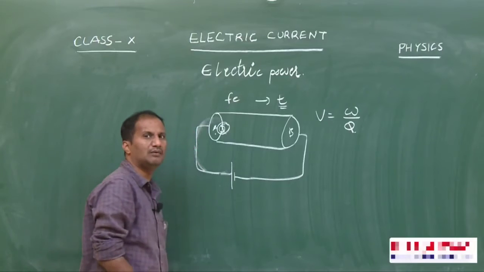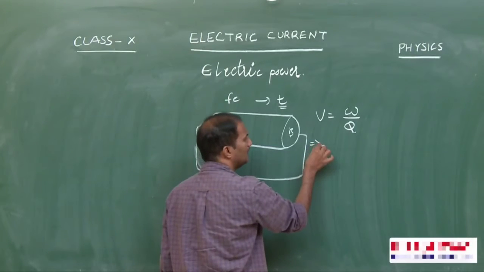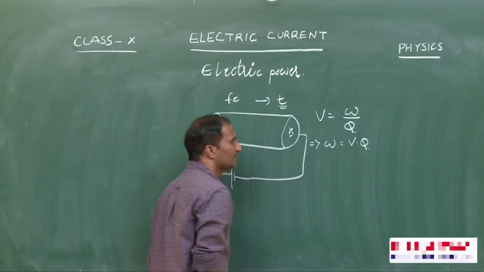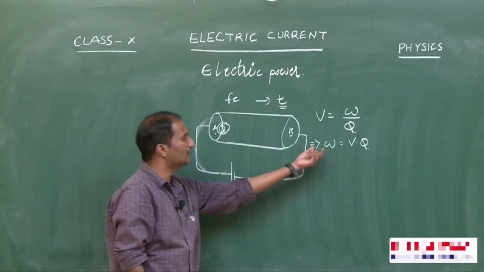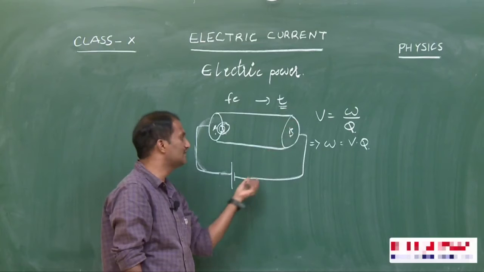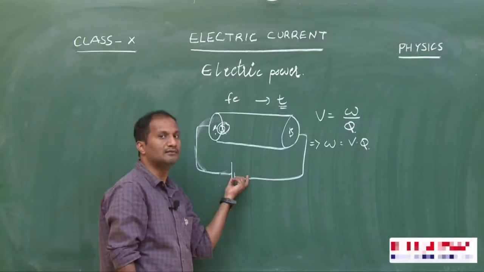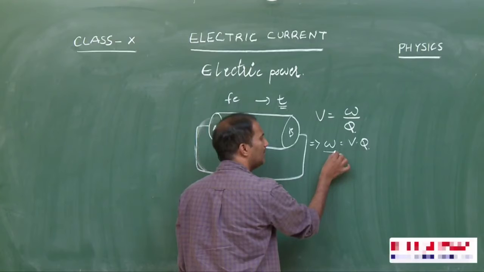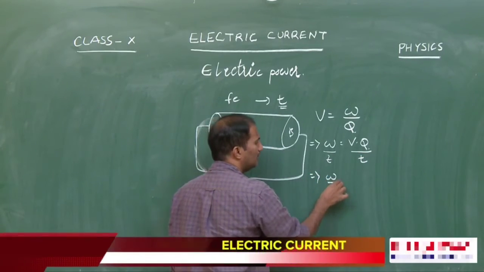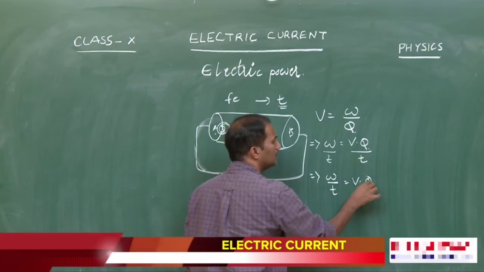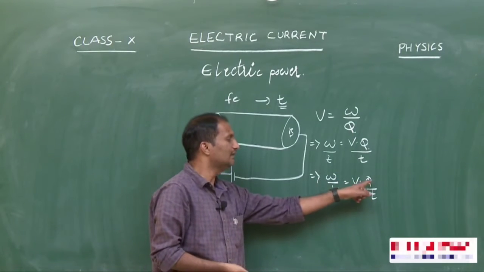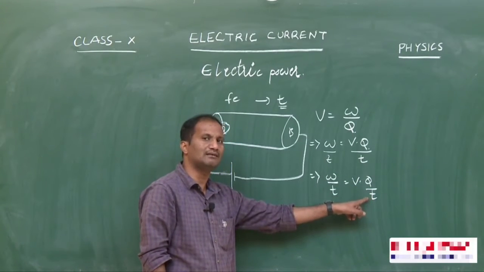That implies the work done by the field, W equals V into Q. Now this is the work done in a time period of T. Now we are going to calculate the work done by this cell in 1 second, that is W by T, which equals V into Q by T. We already know that Q by T, the rate of flow of charge, is nothing but electric current.